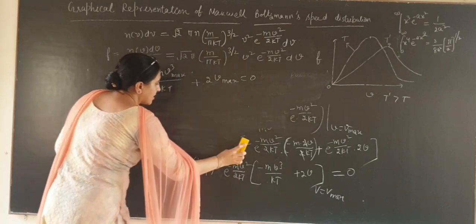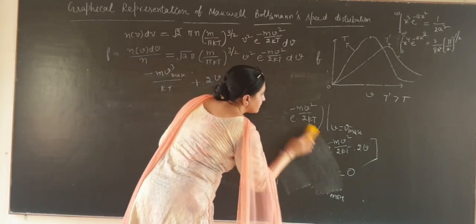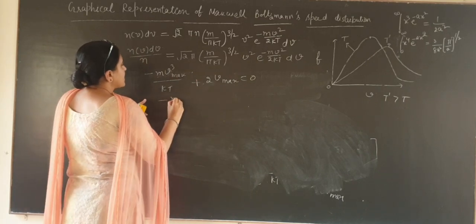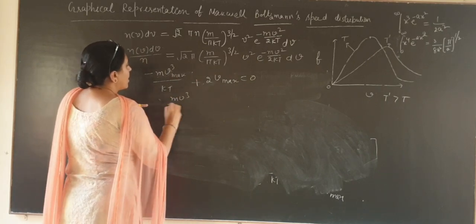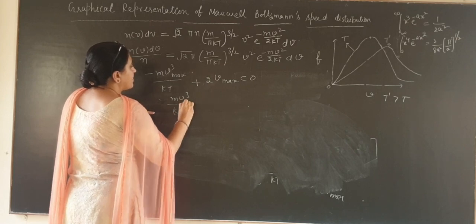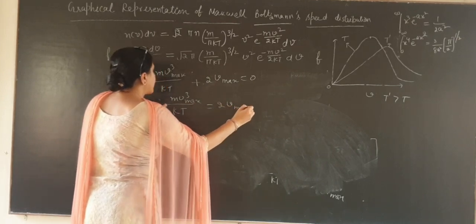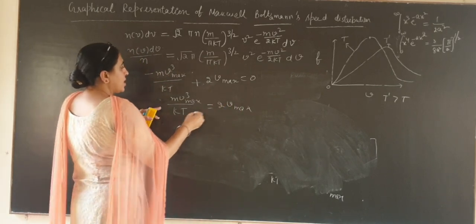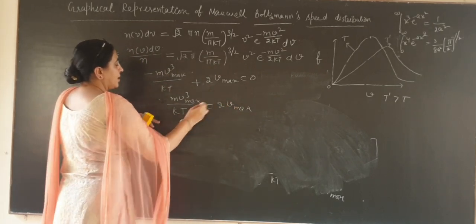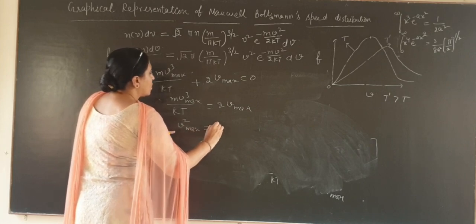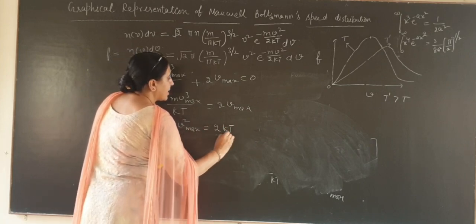So m v maximum cube upon kT is equal to 2 v maximum. Minus cancelled, clear? So v maximum square is equal to 2 kT divided by m.